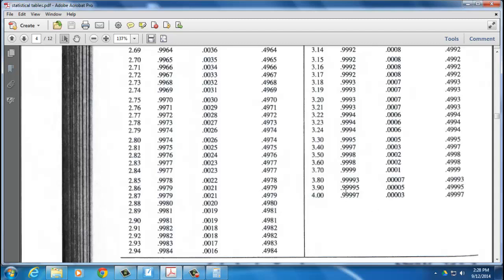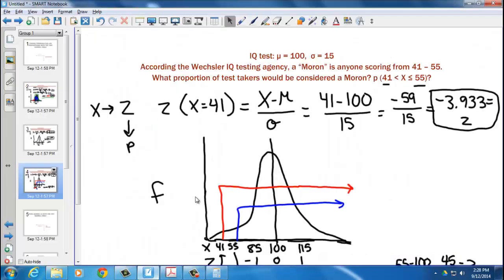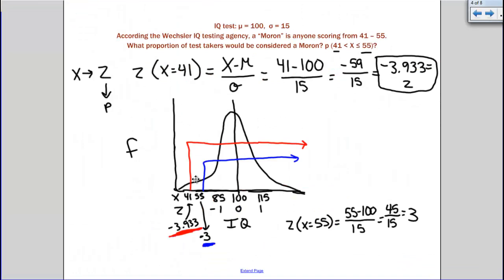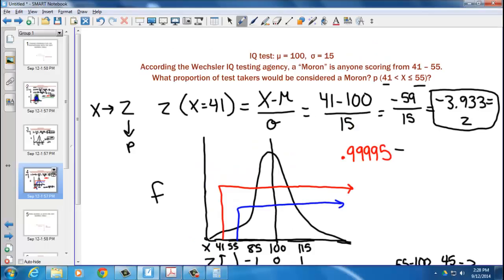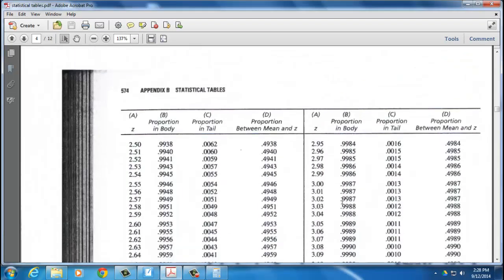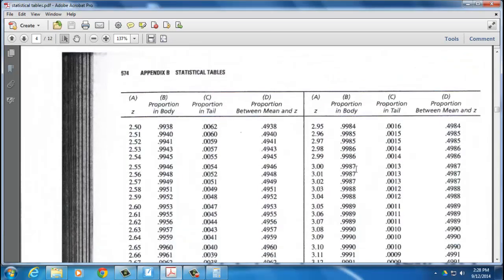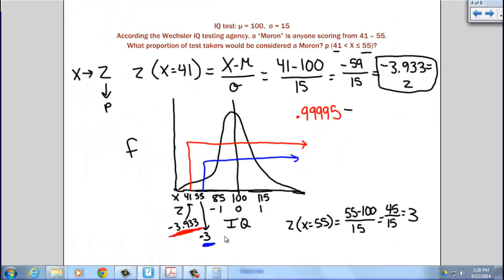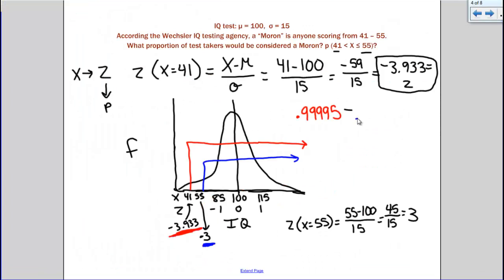So 0.99995, and then we need to subtract the proportion in the body for a z-score of negative 3. So let's find 3, proportion in the body: 0.9987.